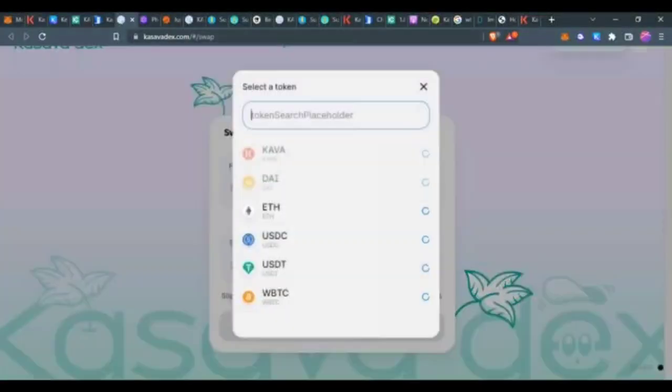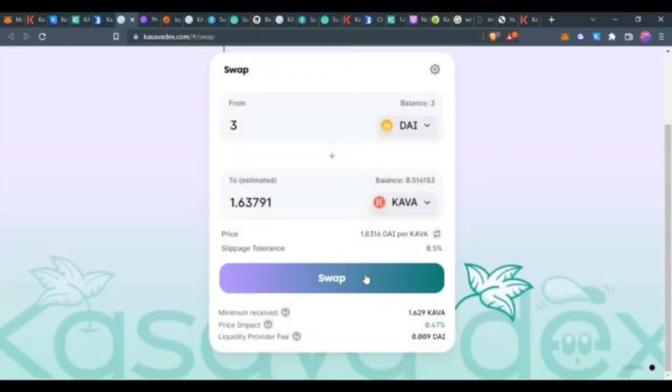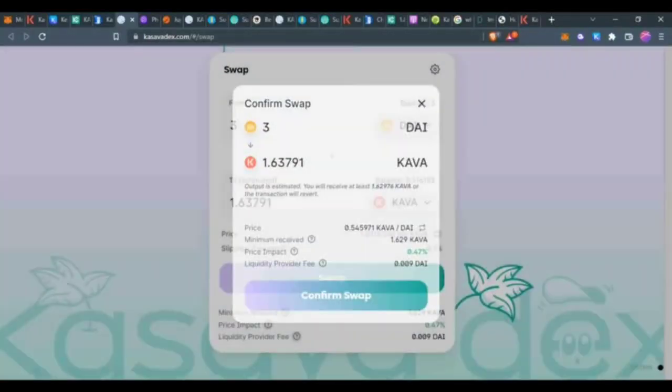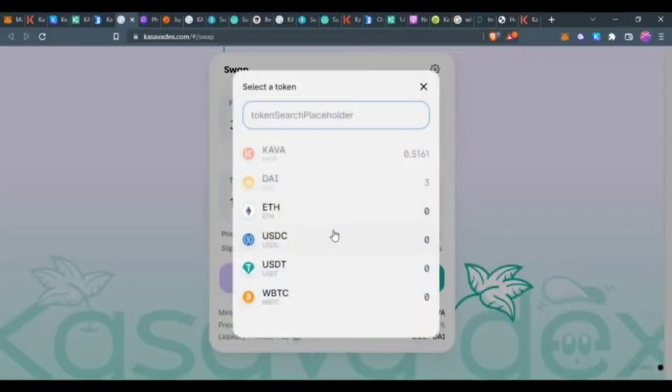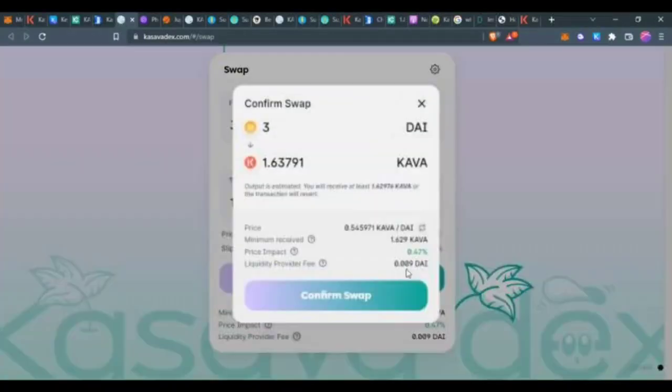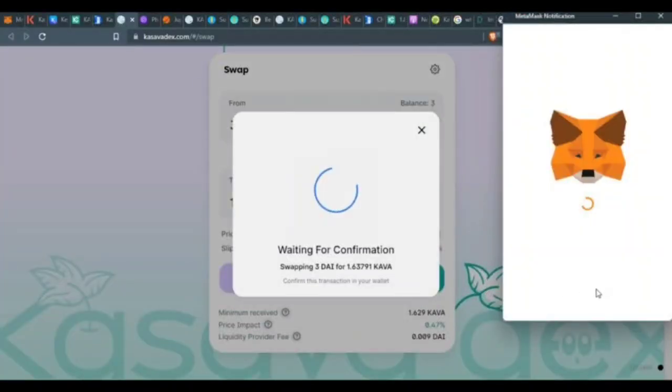We just gotta give it a minute, let the prices set in. There we go. Oh no, you know what? Hold on. Okay, so they don't have wrapped Kava. Okay, so 1.63 here. That means we want to get 1.63 over there.